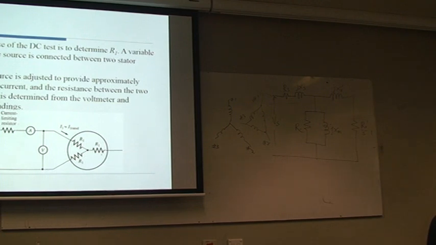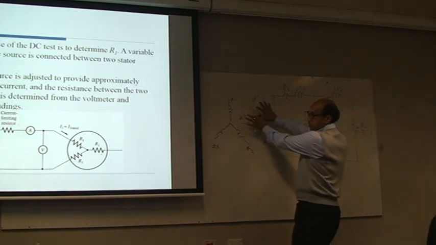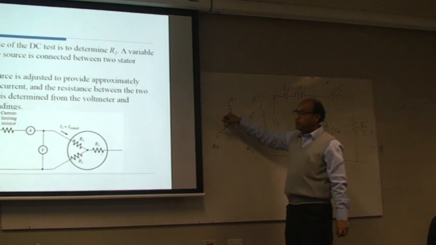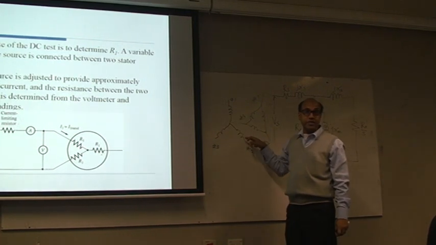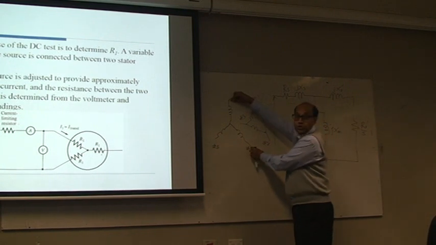If it's a star, you connect 1 to number 1 and number 3 and then divide by 2. Did you get everybody? So what he told is, forget about delta, star, assume all the windings are exactly equal. That means all the resistances are equal. So you can measure any 2 and divide by 2. So that's what we do.